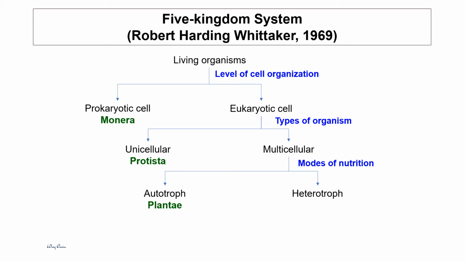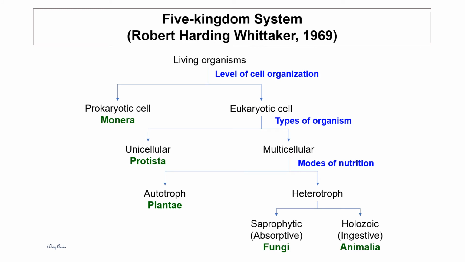Can they produce their own food, which is autotroph, or do they have to obtain food from different sources, which is heterotroph? If they are able to produce their own food through photosynthesis, they will be grouped under kingdom Plantae.